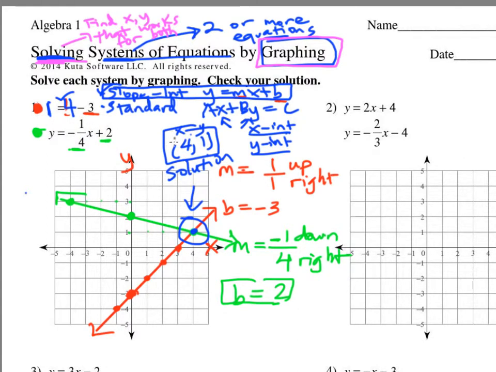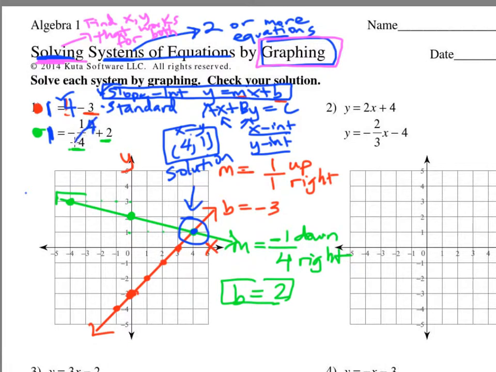Let's take a look at this one. So again, x is 4, and y is 1. Does it make sense for the green one? Well, let's see here. -1/4 times 4.